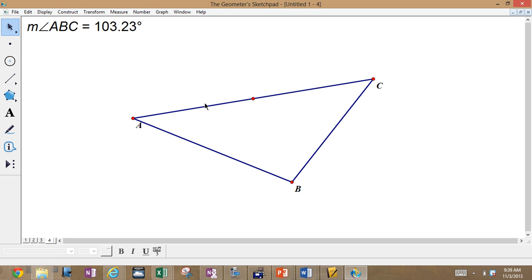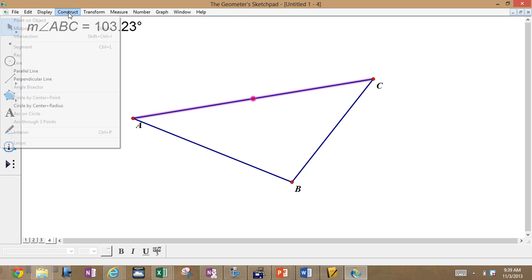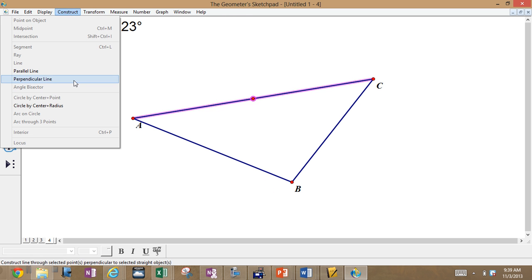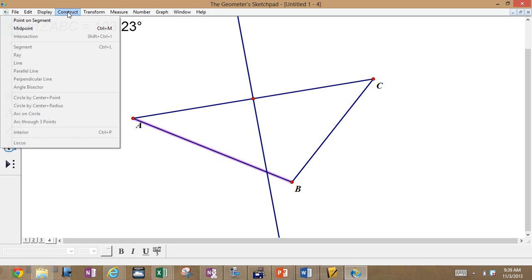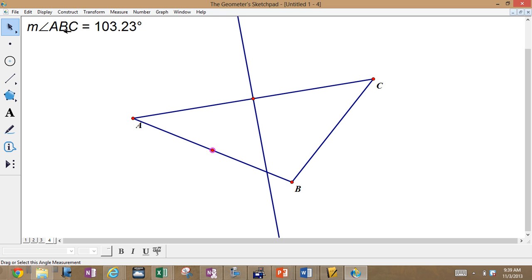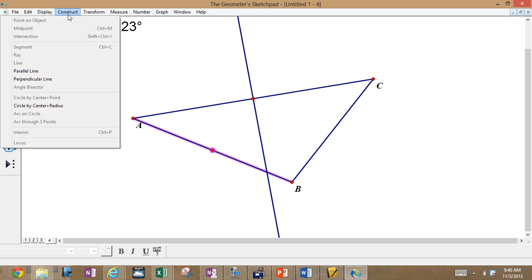Then I'm going to select a segment along with its midpoint, and I'm going to construct the perpendicular. I do that once more for another side, side AB, construct the midpoint, then selecting the midpoint as well as the segment. Okay, I'm going to construct the perpendicular.